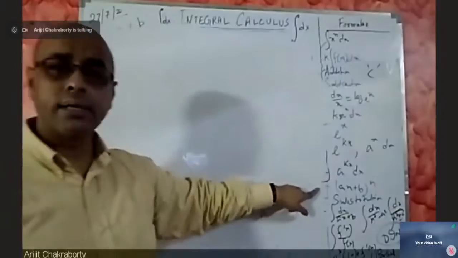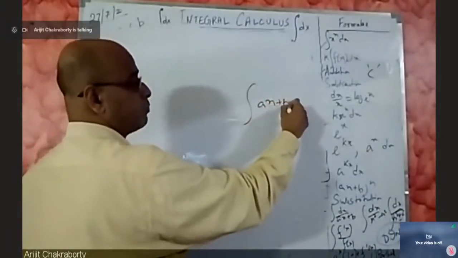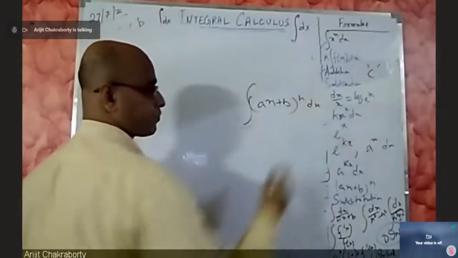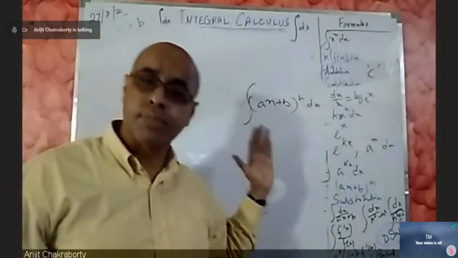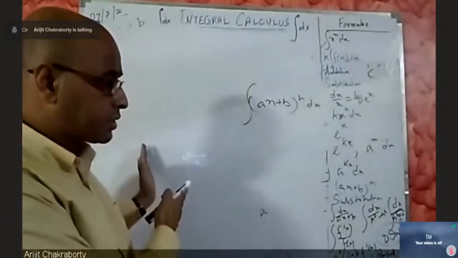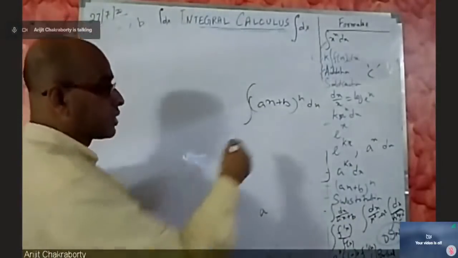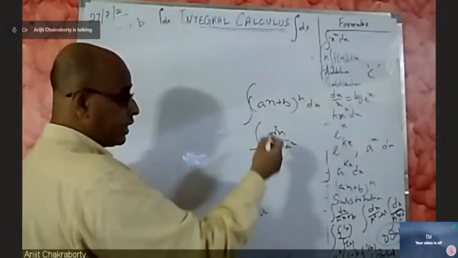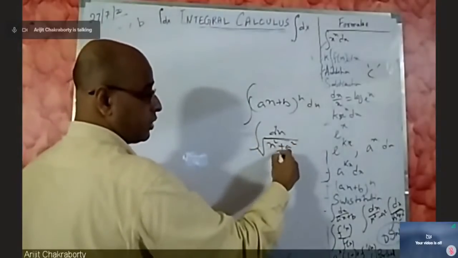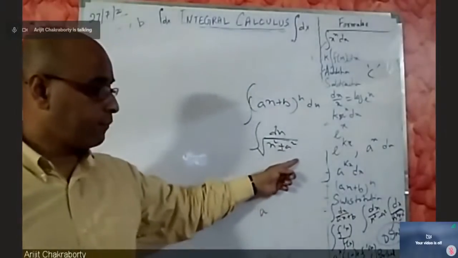Then we completed the discussion on the expression (ax plus b) to the power n dx. Thereafter we moved and discussed the rule of substitution, which you must have noted. I did some examples. Thereafter we went into the standard formulas and we discussed dx by (x square minus a square), plus we did dx by square root of (x square plus or minus a square).